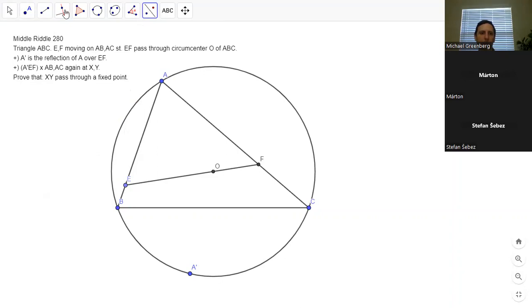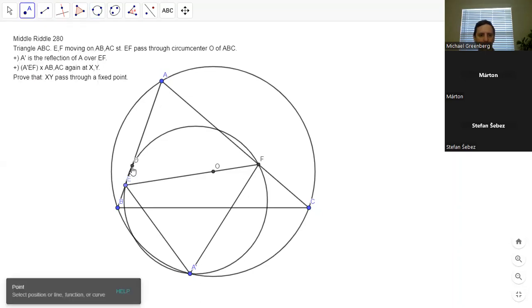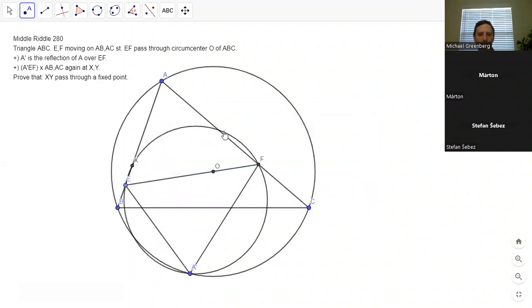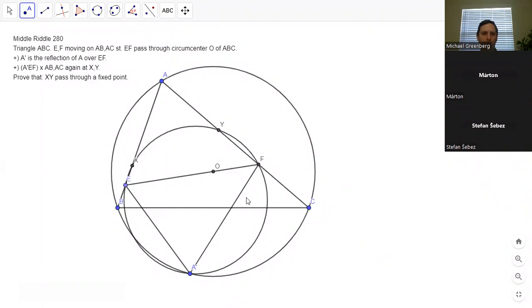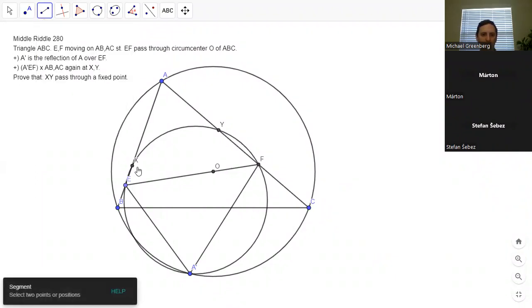And then A prime EF. So basically, yeah, this is a kite right here. This circle intersects AB and AC again at 2 points, X and Y. So this is X. And this is Y. And we want to show XY passes through a fixed point.